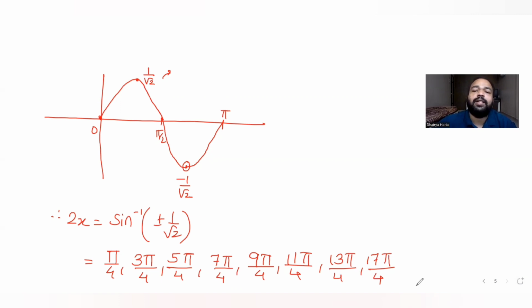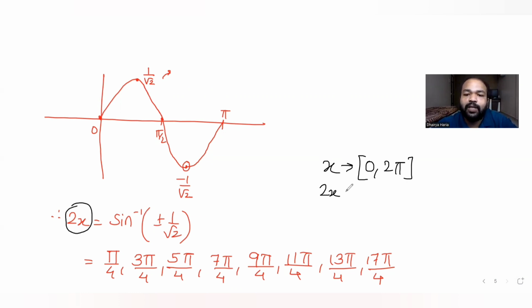I'm writing it till 17 pi by 4 because I have been told that the values of x lie from 0 to 2 pi. On the left I have 2x, so the 2x multiple would go from 0 to 4 pi. So I'm just writing all the values of angles between 0 and 4 pi.